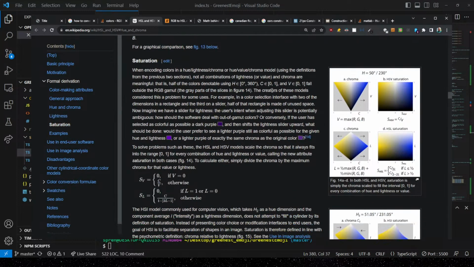And saturation. HSL saturation, and then chroma.